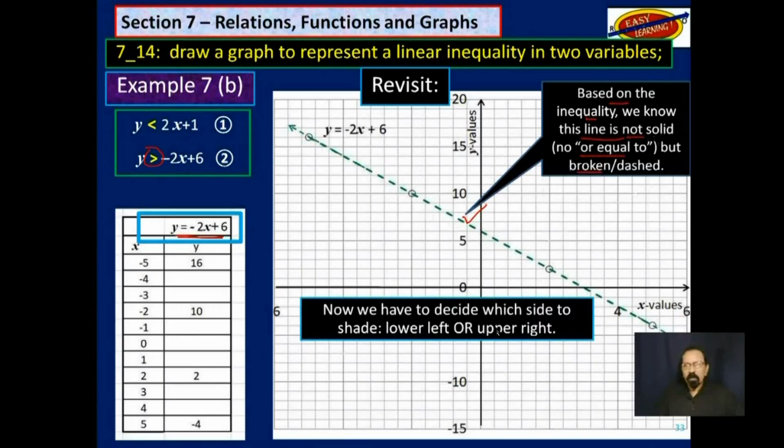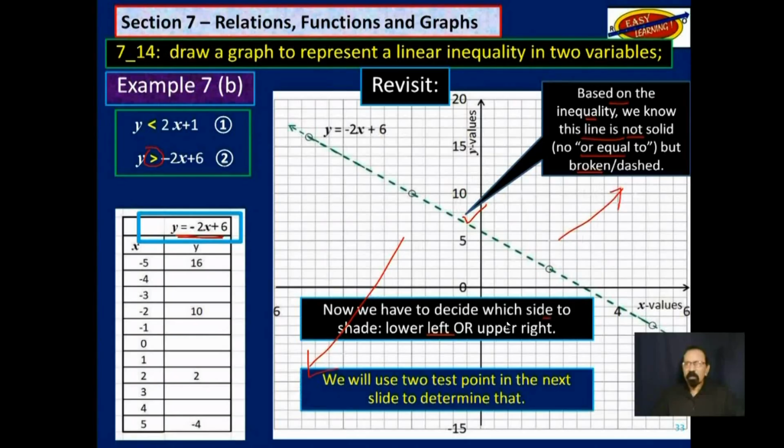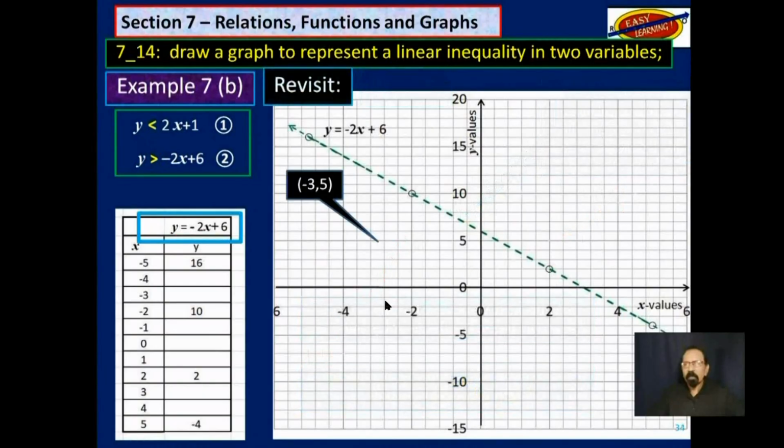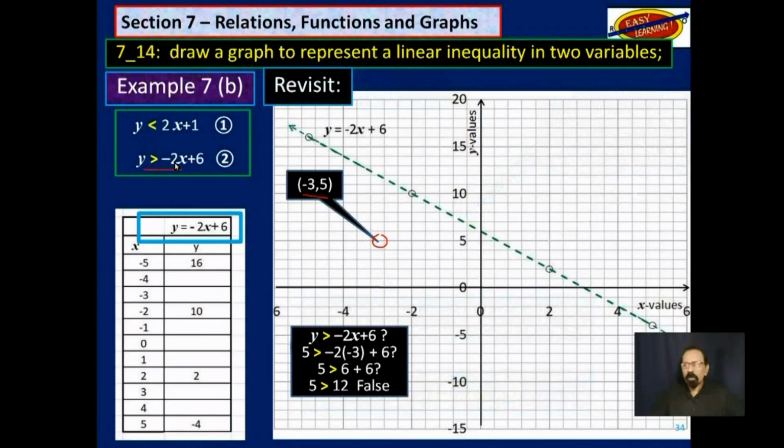Now to decide which side to shade, lower left, which is this side down here, or upper right, that side up there, we will use two test points, one on either side of the line. Let's use this one here, which is -3, 5. Substitute that in this inequality, and we get 5 is greater than 12. That is false. So we will not use this side.